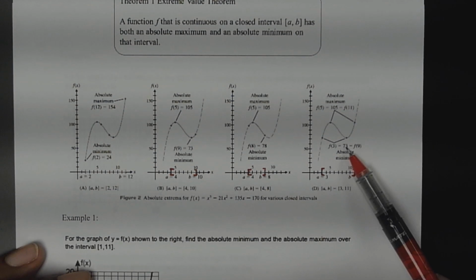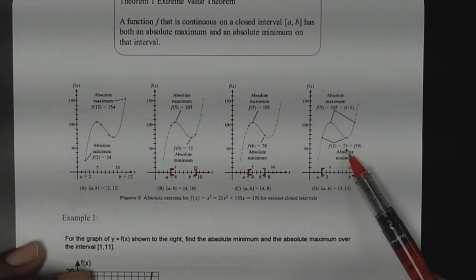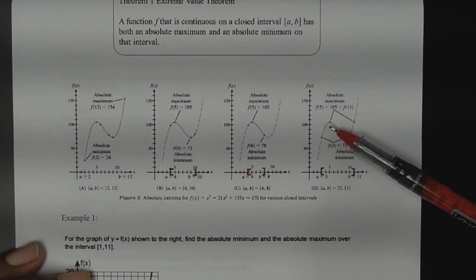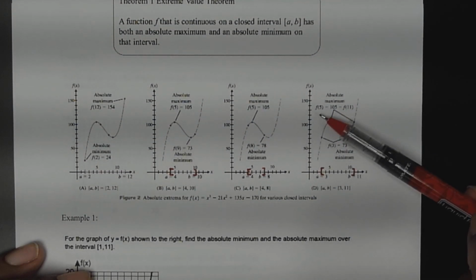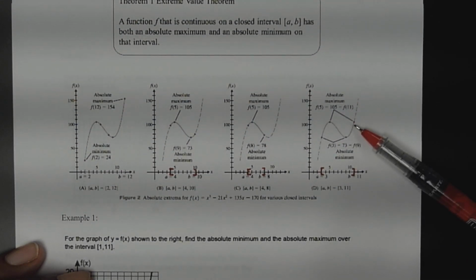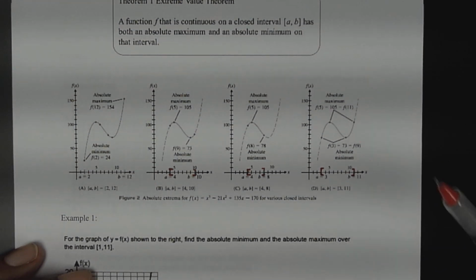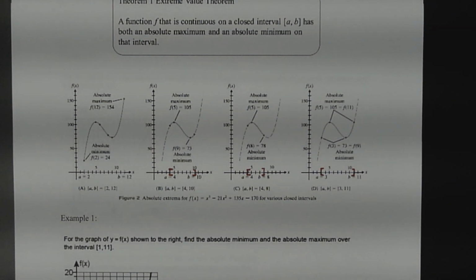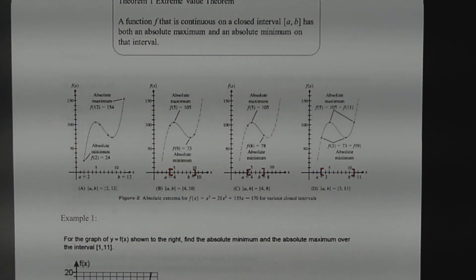Your absolute minimum is 73. Your absolute maximum is still going to be 105. It occurs at x equals 5, but it's also occurring when x is equal to 11. So that's how we find the absolute maximum and absolute minimum from a graph that's given to us.